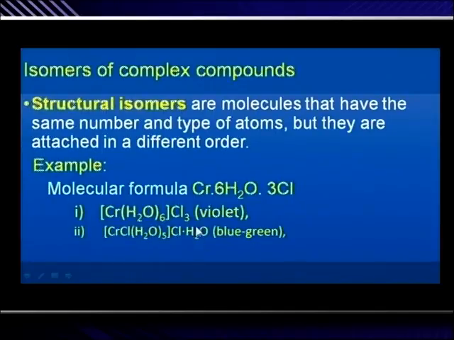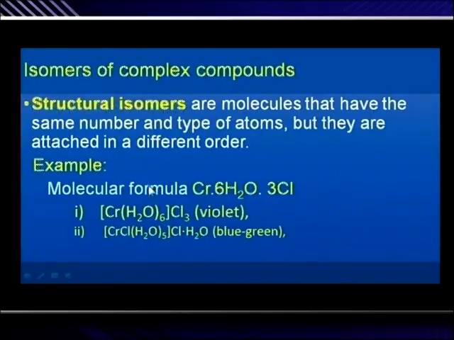Due to the difference, they are isolated in different colors. By this we can say structural isomers are molecules that have the same number and type of atoms but they are attached in a different order.